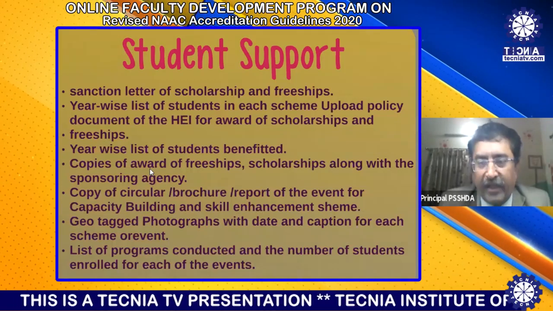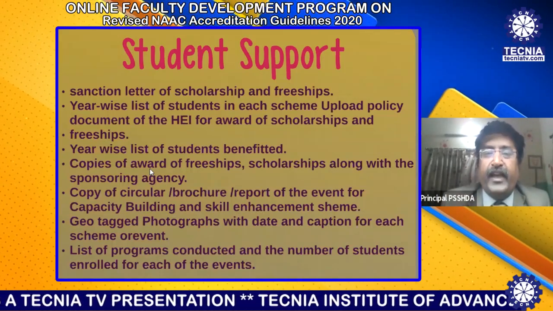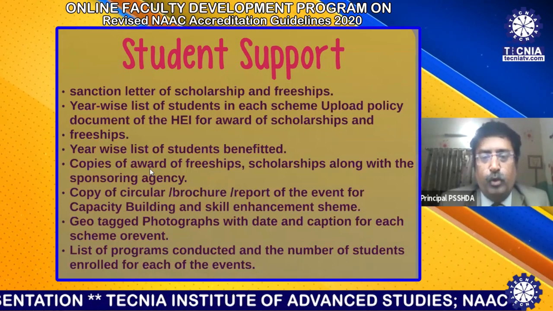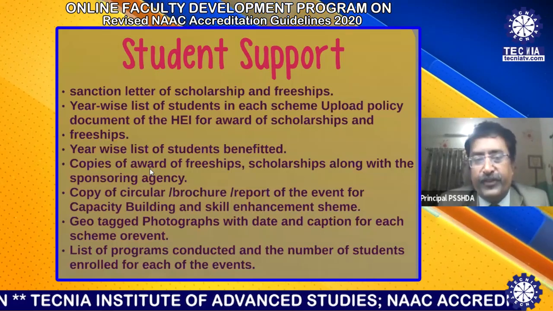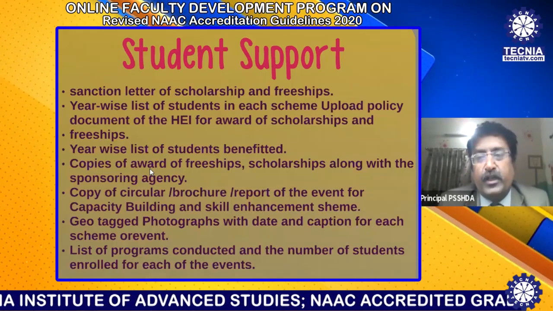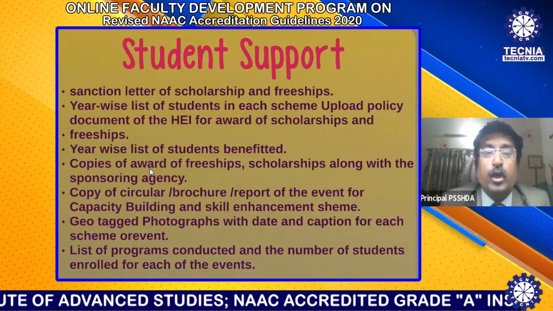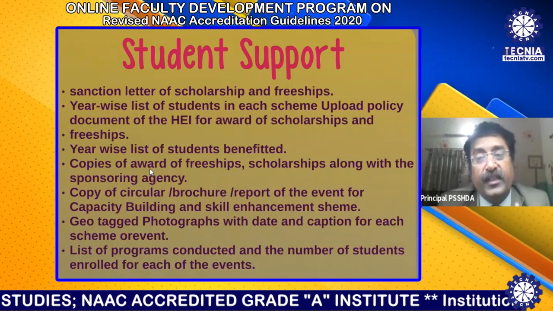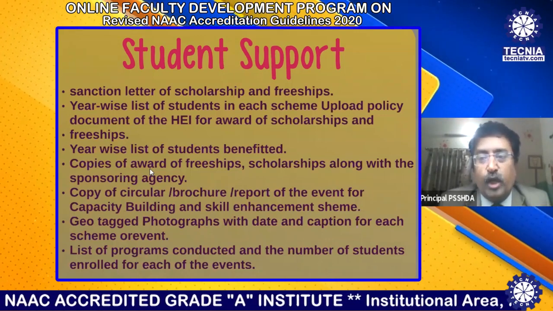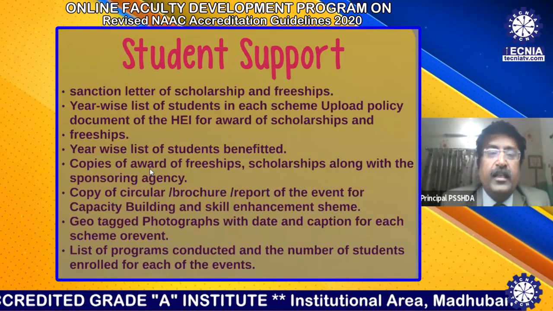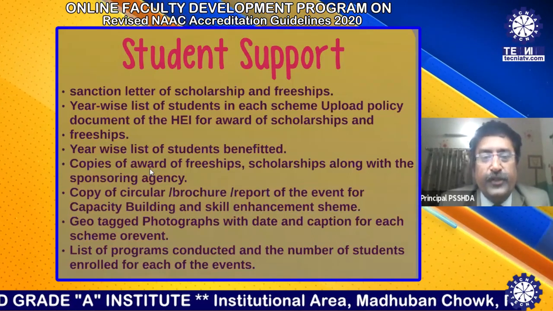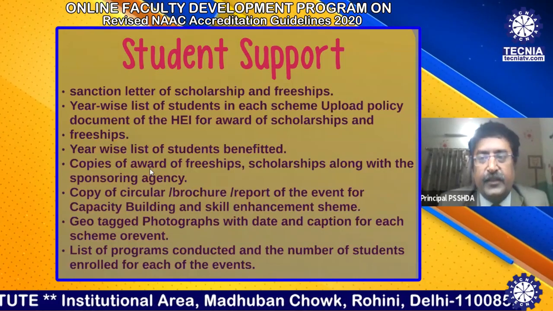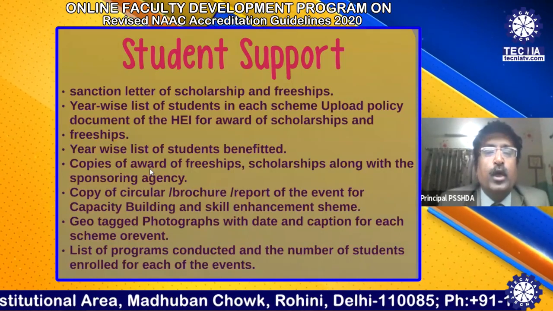If you have several schemes, you need to keep the scheme-wise list of students ready, with award of scholarship and freeship, year-wise lists of students who benefited under the scholarship, and copies of award of fellowship or scholarship, along with the sponsoring agency. If it is not a government agency, and any NGOs are supporting your institute, then their criteria, their sponsoring letter, their funding, everything should be ready.